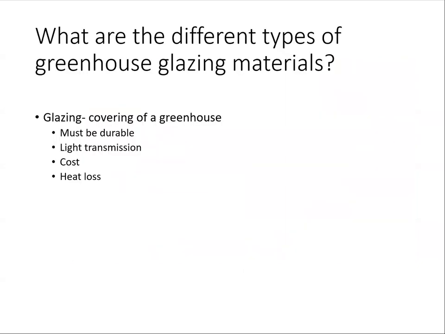Now let's talk about glazing materials. Different types of glazing materials. When we're considering this, all of the materials need to be durable. They need to allow for light transmission. We're taking into account cost and heat loss.